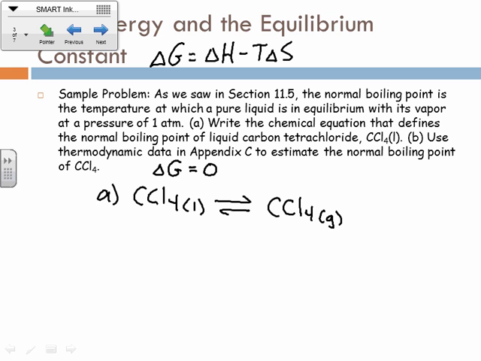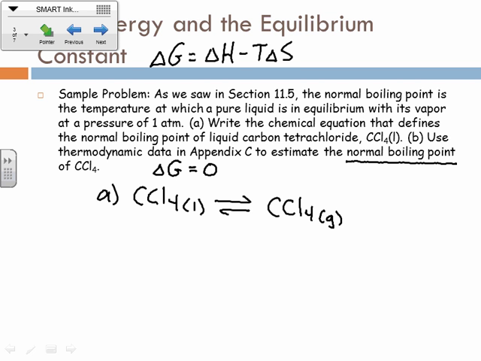Now we just said at equilibrium, at the normal boiling point, delta G is going to be 0, okay? So we can kind of rearrange this equation because what they're asking us for is the normal boiling point. So what part of this equation are they really asking us to solve for here?